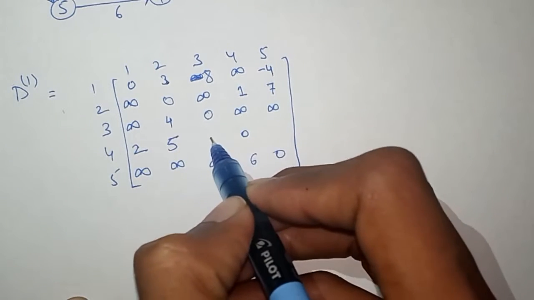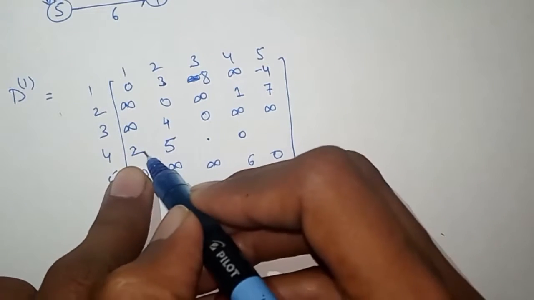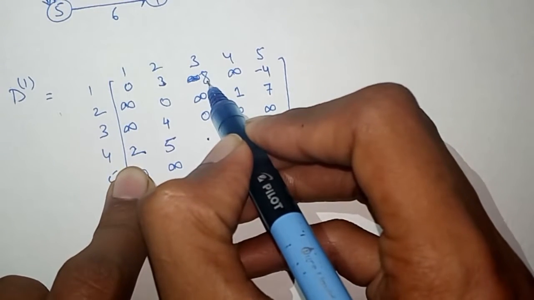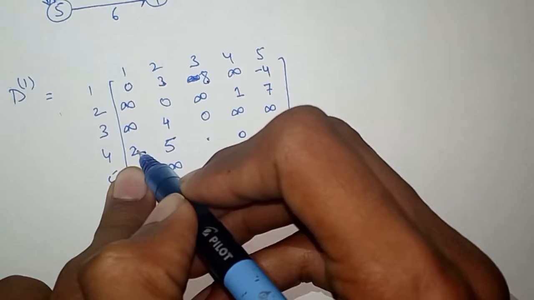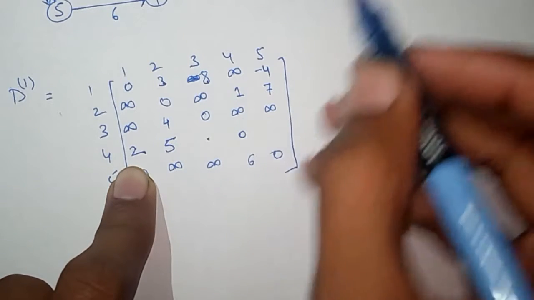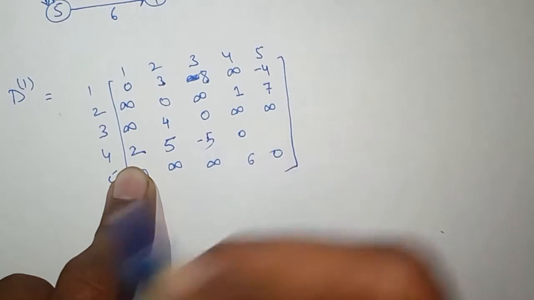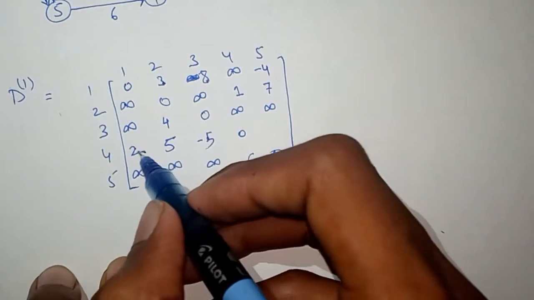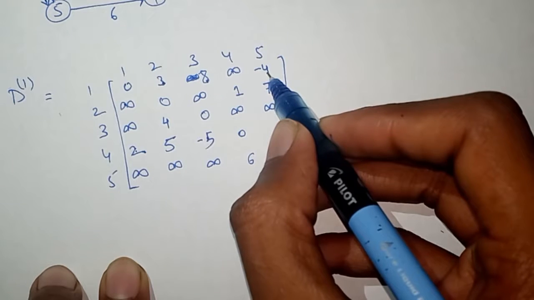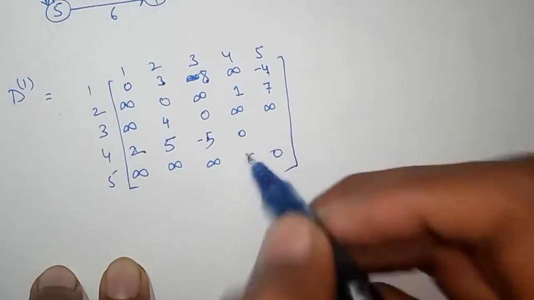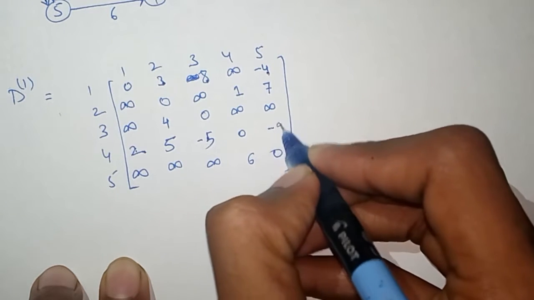Now for this element, summing up this element and this element, that is 8 plus 2 is 10, which is not less than negative 5, which was in the D0 matrix. So there is no change in this element. Again 2 plus negative 4 is negative 2, which is less than infinite, so here will be negative 2.